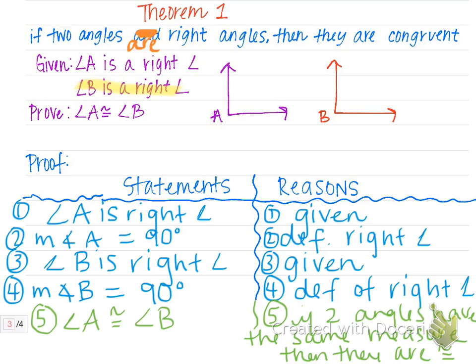So see steps 2 and 4. They both equal 90, so they're both congruent. Now that's probably a pretty easy proof, and they will get harder as we get more theorems.